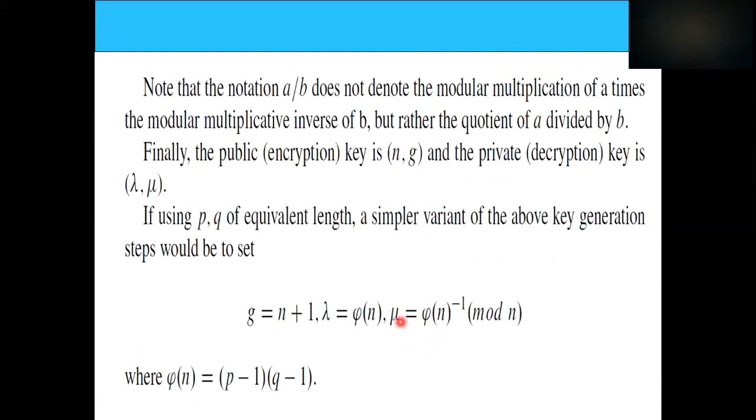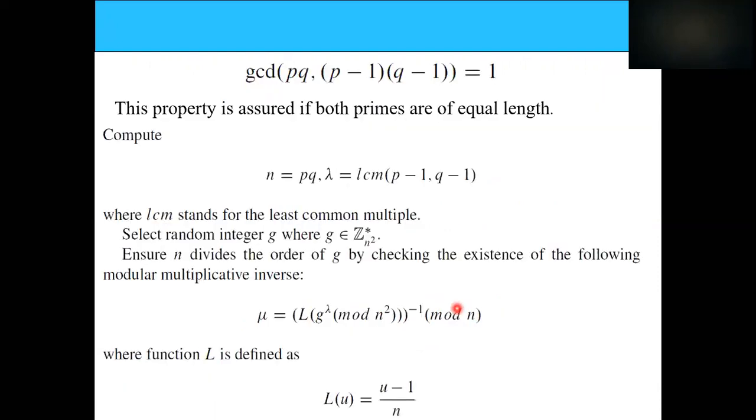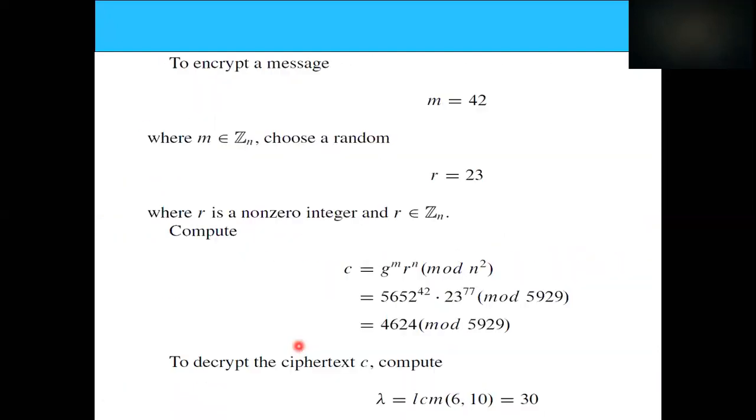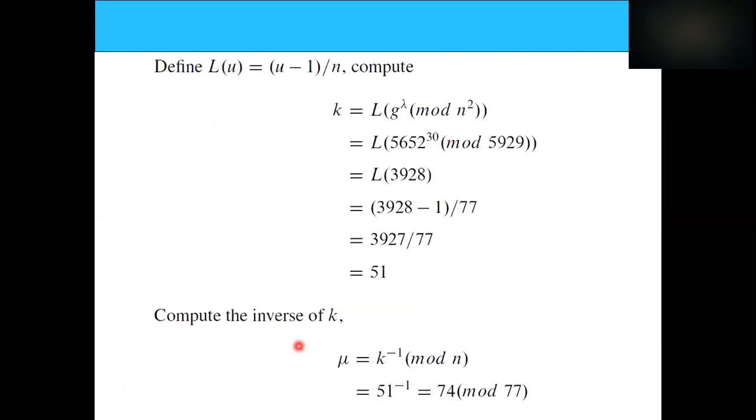Mu is the inverse of the LCM of phi of n, or if I go back, this is my mu. I can calculate this and take its inverse under mod n. So this is one of the expressions for mu. This is my mu, basically.